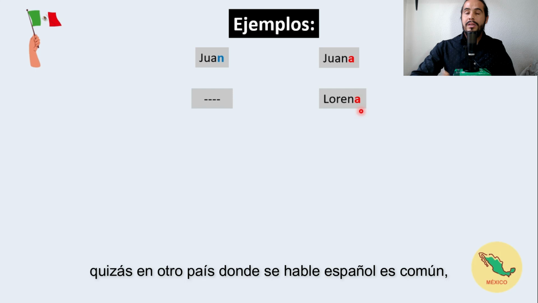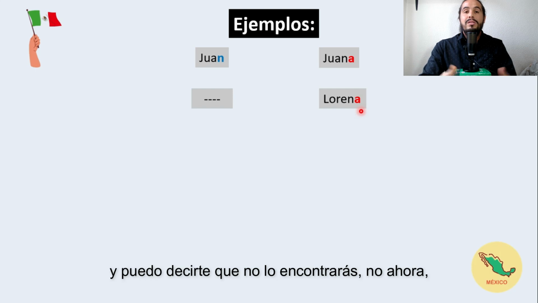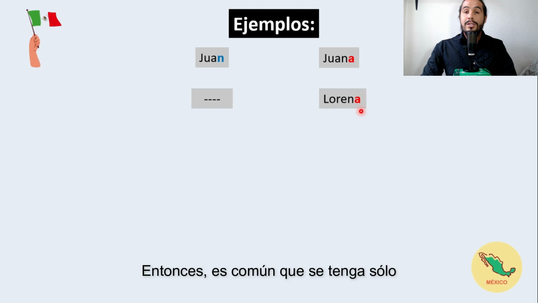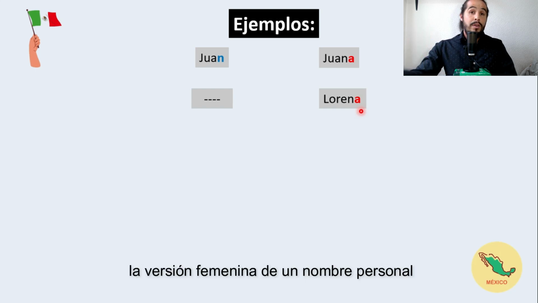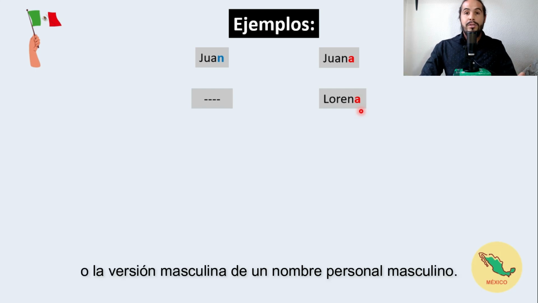Maybe in another Spanish-speaking country it is common, but in Mexico it is not common. And I can tell you, you will not find it. Not now, maybe in the future. So it is also common that you will find only the feminine version of a personal name or the masculine version of a masculine name.